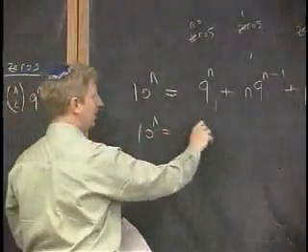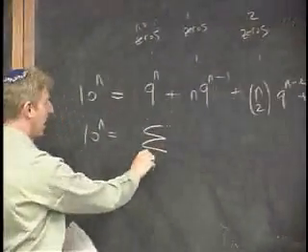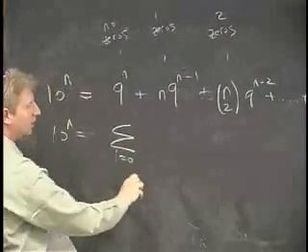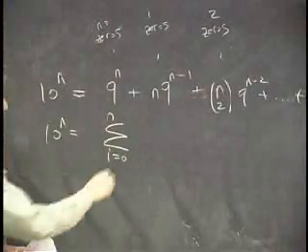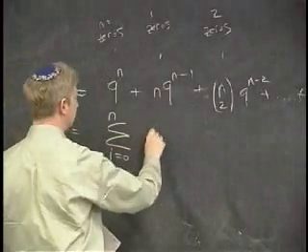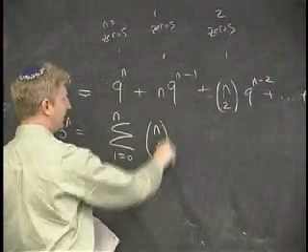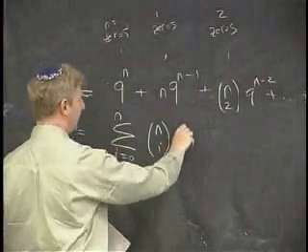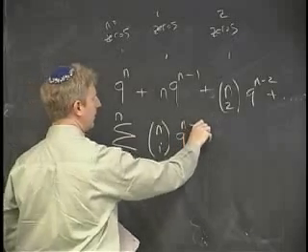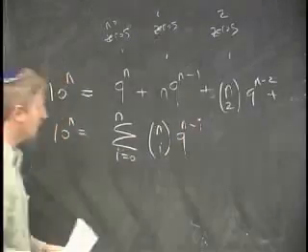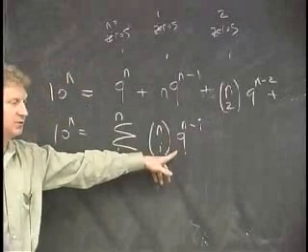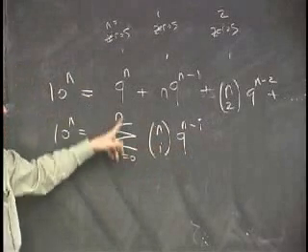Let me write this as a summation. 10 to the n is the summation, i starting at 0, going all the way up to n, of n choose i times 9 to the n minus i. This represents each of these terms as i ranges from 0 to n.